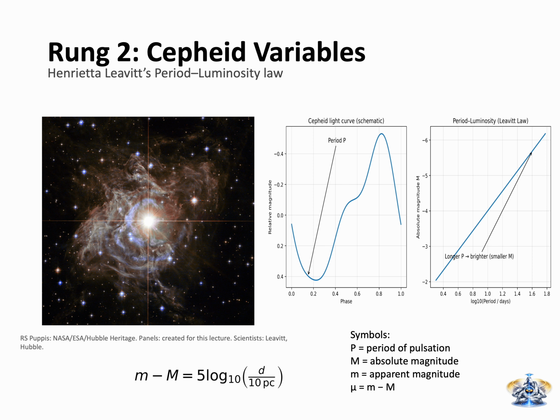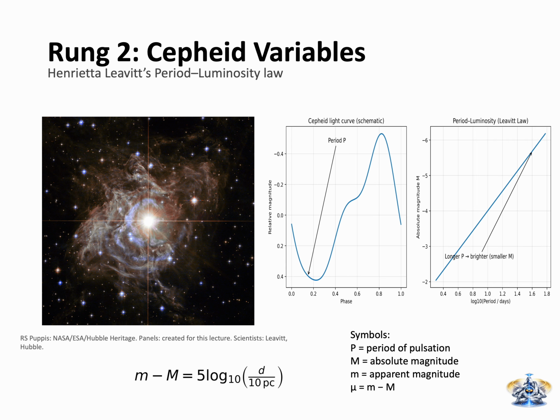That is why Cepheids are rung 2. Parallax calibrates nearby Cepheids, which pins down the period-luminosity relation. Then Cepheids let us measure distances to other galaxies where parallax is too tiny to detect.